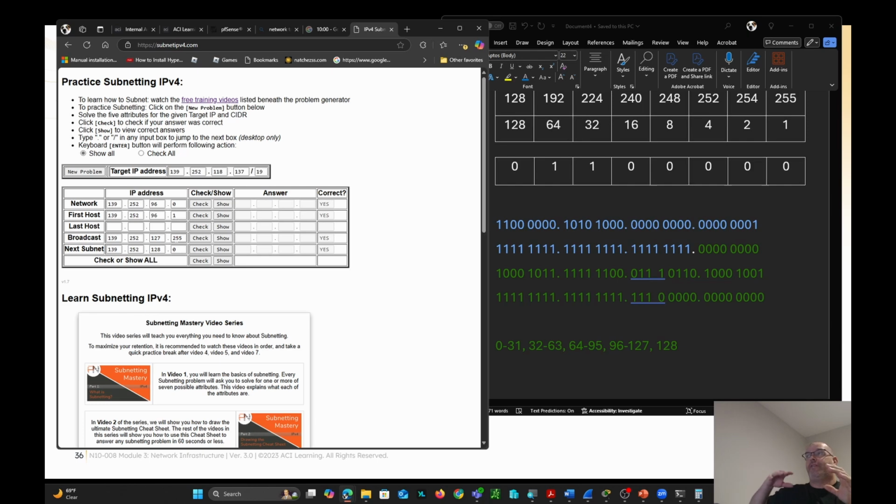When the beginning of the network starts at 0, the end of the network is 255, right? Okay. So that's why the next number below this one is 255 minus that one, right? So the last host is always just one less than the broadcast.